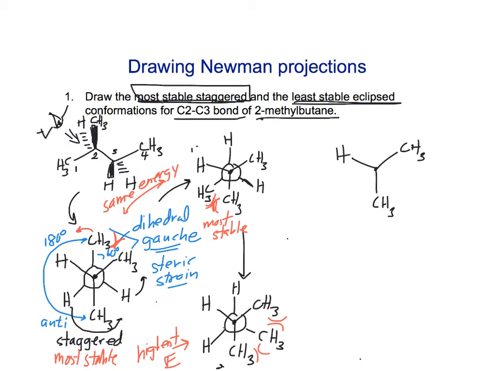And we'll rotate the back one. So what I'm going to do is rotate the back carbon to the right so it lines up with one of these methyl groups. So here's this methyl. We've lined it up so that these two hydrogens line up and another hydrogen lines up here. Okay, so this is eclipsed.